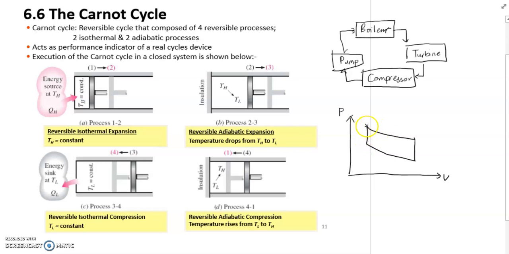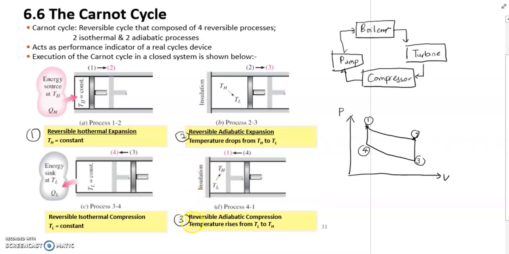Stage 1, stage 2, stage 3 and stage 4. So the first one is reversible isothermal expansion. Second is reversible adiabatic expansion.